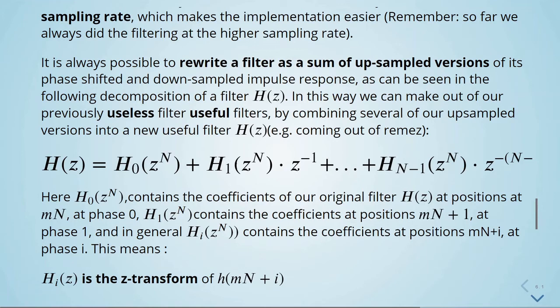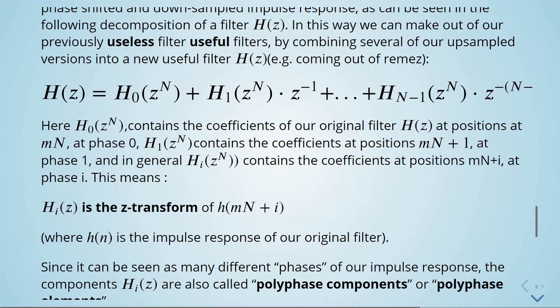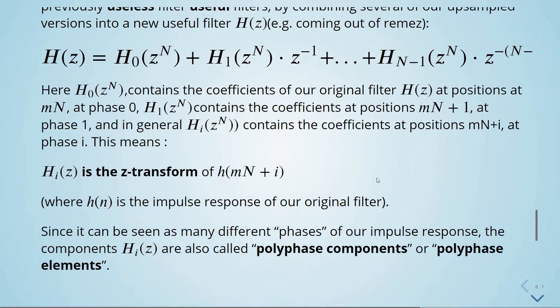And in general we will have H of I, z to the power of n, which will contain the coefficients at position m times capital N plus I at phase I. So this means that H of I of z is the z transform of the impulse response at m times capital N plus I. Here h of n is the impulse response of our original filter.